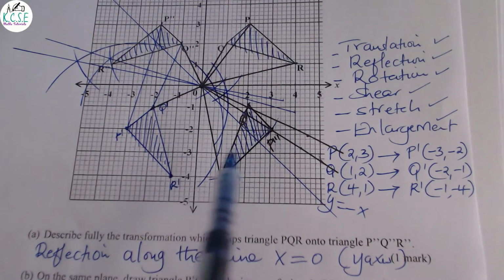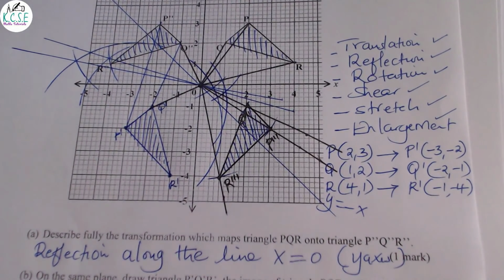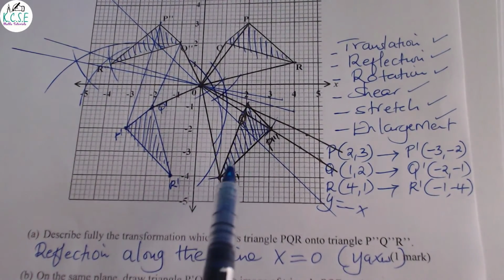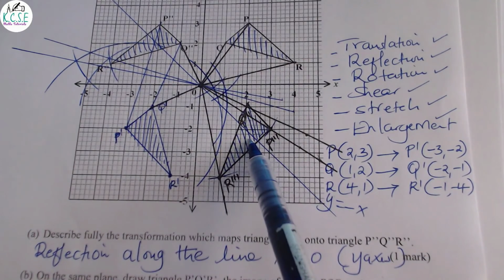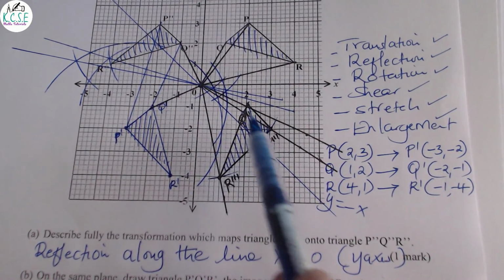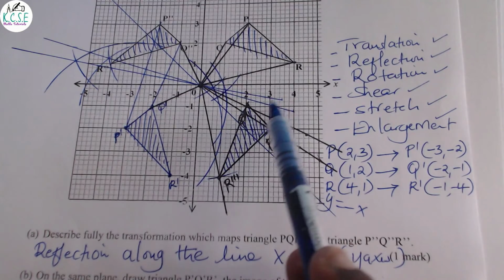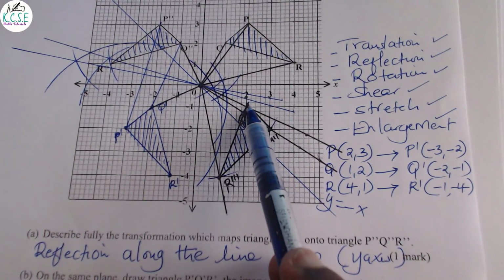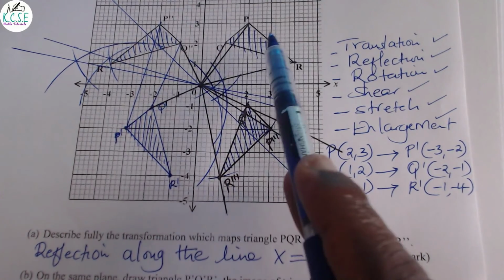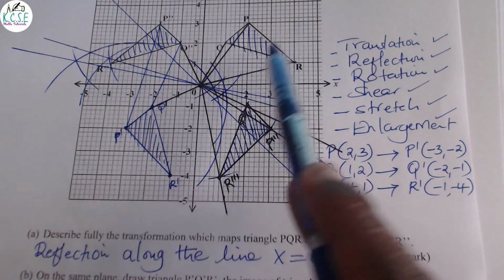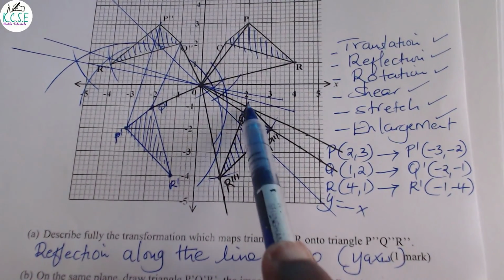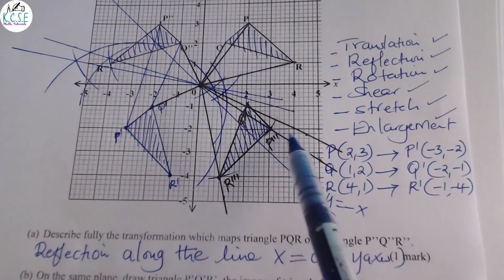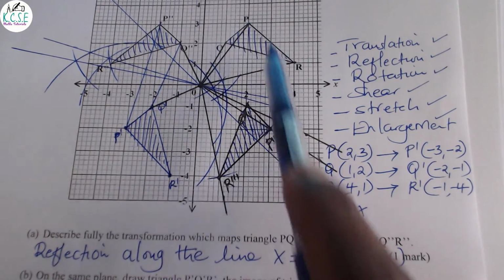Then we can now give the ones that are directly congruent, this one and this one. Look at where the points are. When you look at Q, and look at this Q that is here. Q is here, Q is here, then P is here, P is here.